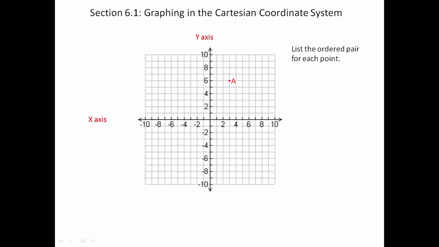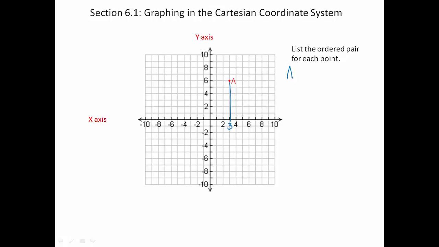The point A on the screen here, you can think about listing the coordinates for that point as telling someone, well, what are the x and y values associated with that point? Well, to find each of those values, I think about these grid lines almost as streets, and I say, okay, the A is right around there. Is 3 on the x-axis. So if I look straight down from the A, I see that it's lined up with 3 on the x-axis.